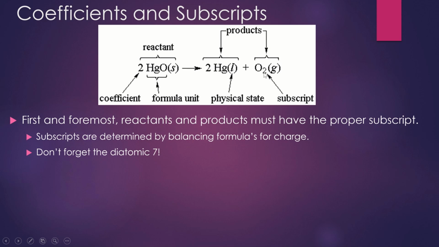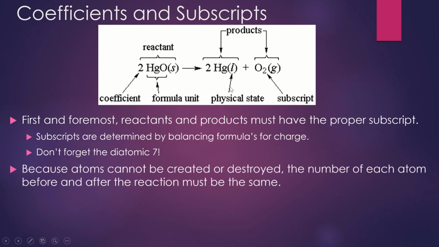So that's why we have the subscript 2 here. On this side, we have mercury 2 oxide, which has a positive 2 charge, and oxygen, which has a negative 2. That's a 1-to-1 ratio, hence no subscripts. Mercury by itself, then, is not one of the diatomics, so it does not have one of the subscripts behind it.